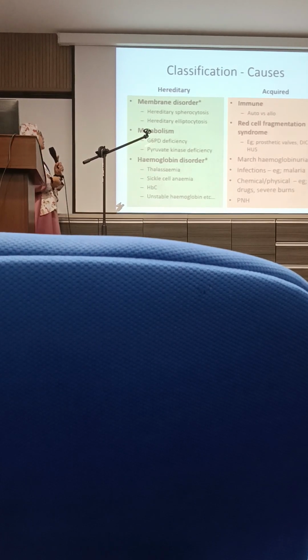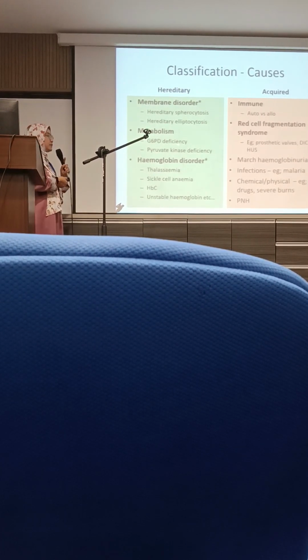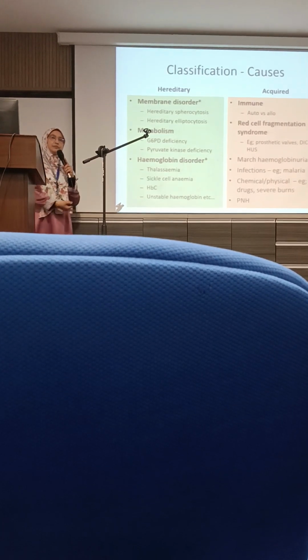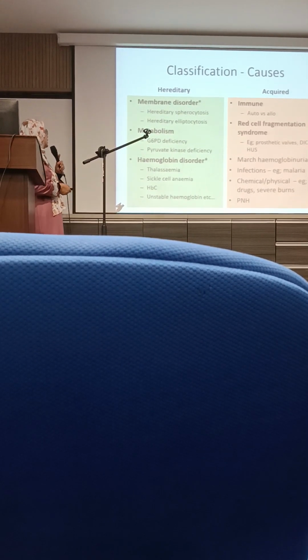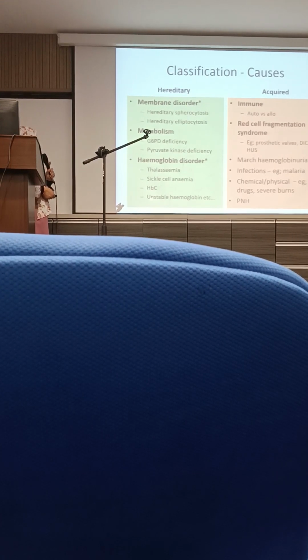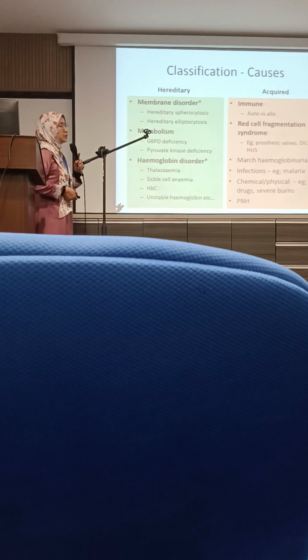And then it can be due to metabolic defect. This is G6PD deficiency, pyruvate kinase deficiency. Dah belajar dulu kan? Okay, kita akan go through more in the pathological part. And the hemoglobin disorder, the thalassemia, the sickle cell anemia, hemoglobin C, and other unstable hemoglobin.